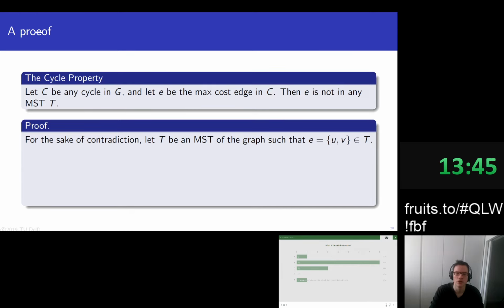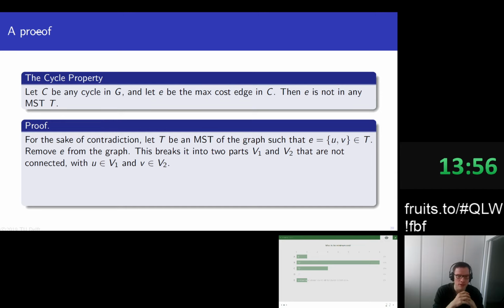So let's call them U and V. Now take this MST and remove E from it. That means that we now have two disconnected components, V1 and V2, where U is in one of them and V is in the other. So let's just say U is the one in V1 and V is the one in V2.